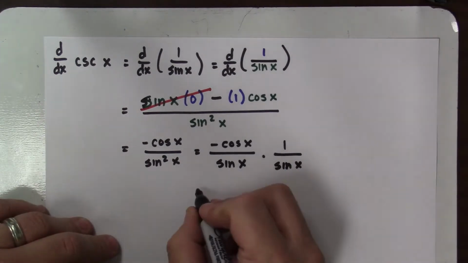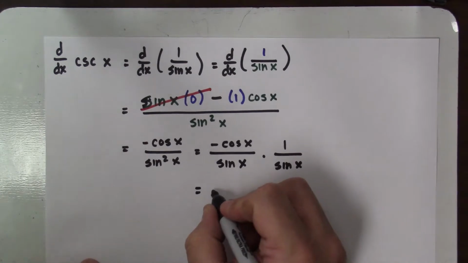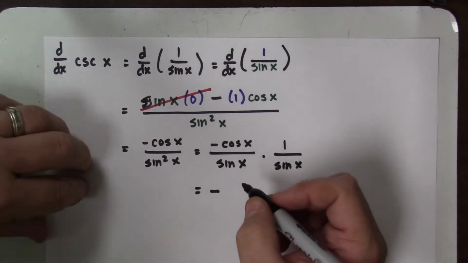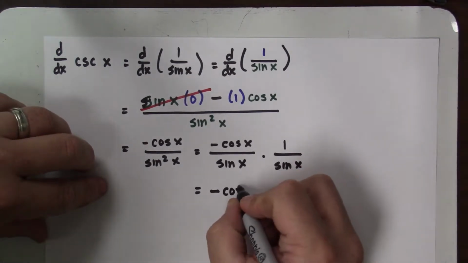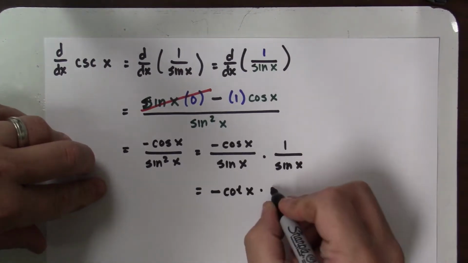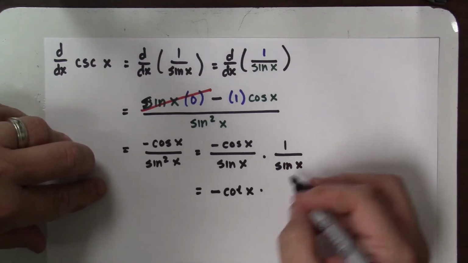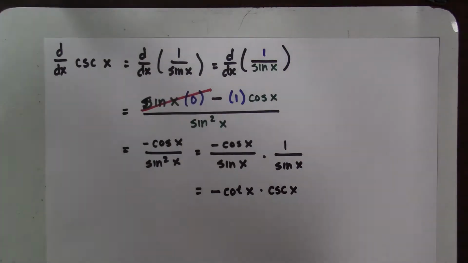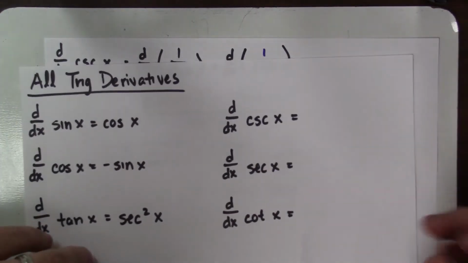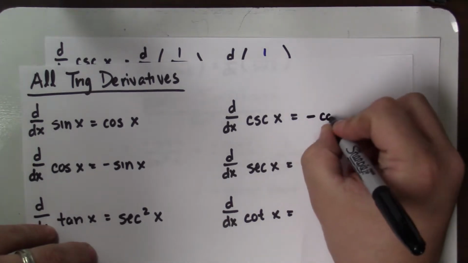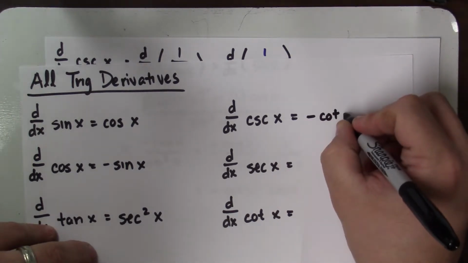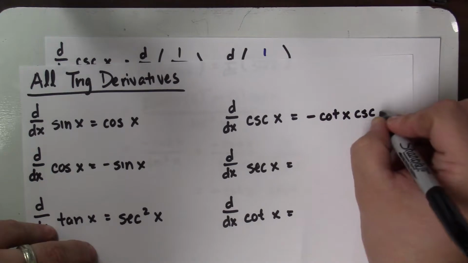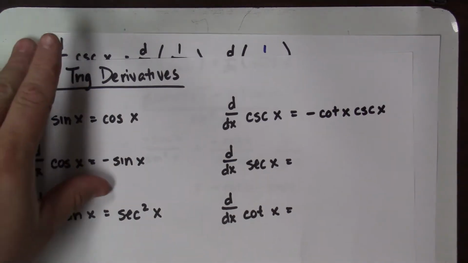This is cotangent, so I have negative cotangent x times, and the reciprocal of sine is cosecant x. So there's our next one, and I can't simplify that anymore. This is negative cotangent x cosecant x. And you might see those flips, but it doesn't really matter.